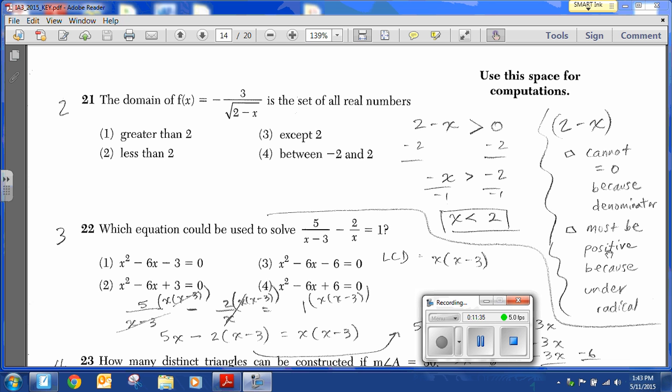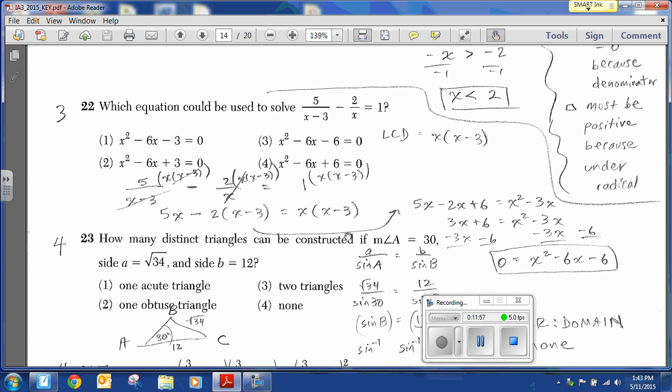Putting these two conditions together, 2 minus x must be greater than 0. So you set up the inequality like this, 2 minus x is greater than 0, and now you solve for x. Minus 2 minus 2, negative x is greater than negative 2, divide both sides by negative 1, which reverses the inequality, and our answer is x is less than 2.